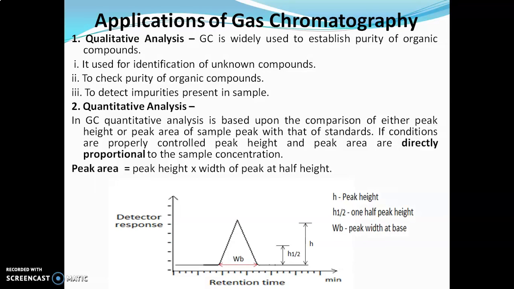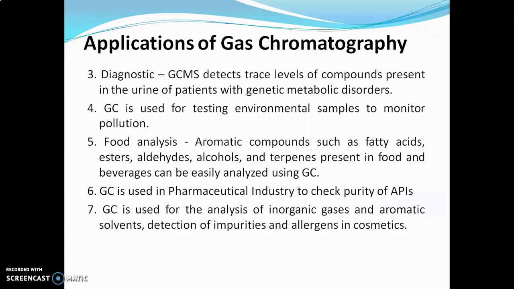This is the width. WB is the width of the peak at its base, and W half is the width of the peak at its half height. So these four are very important parameters: peak height, height at half peak, peak width at base, and peak width at its half height. All these parameters are very important in quantitative analysis.